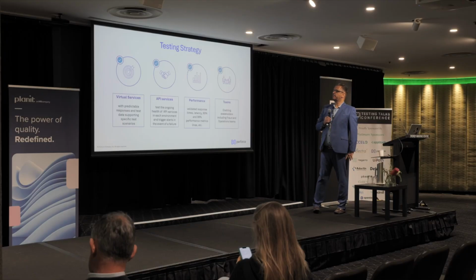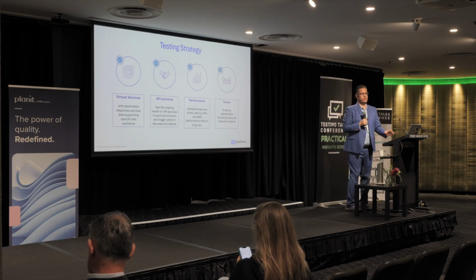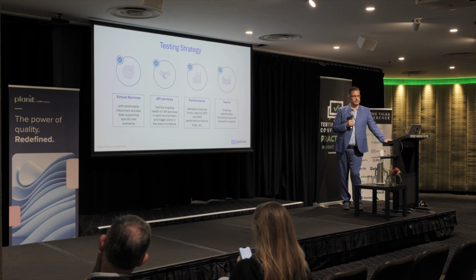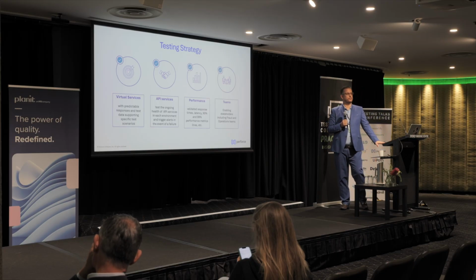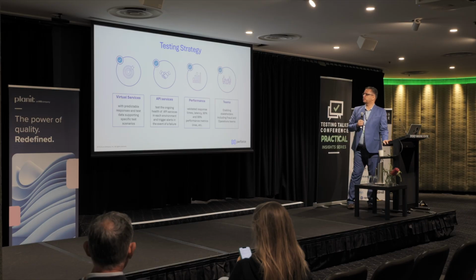The next thing we wanted to do is test API services, all the APIs from the API level, hitting the virtual services, but also hitting the available services that are in play. Then set up performance testing, obviously measuring all the latencies, 95th and 99th percentile response times, and how quickly Spam Shield will work.